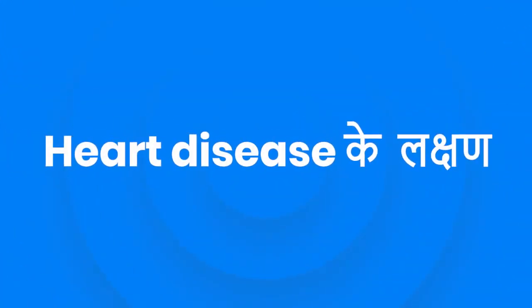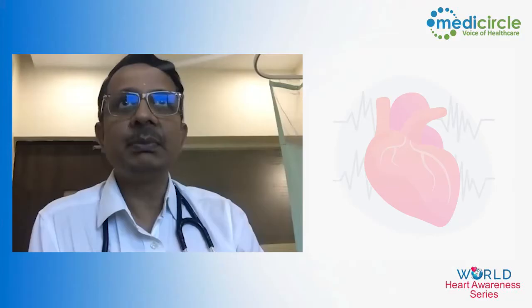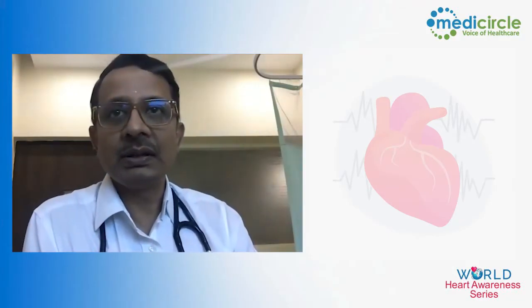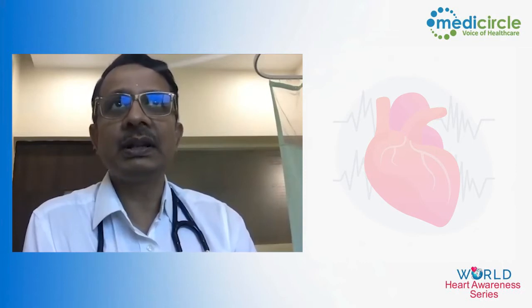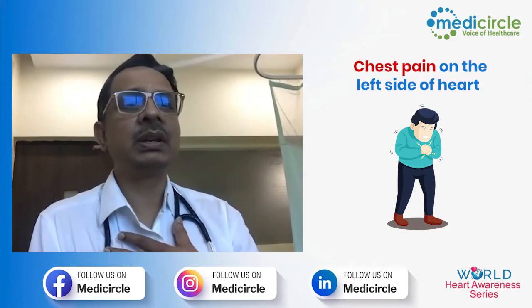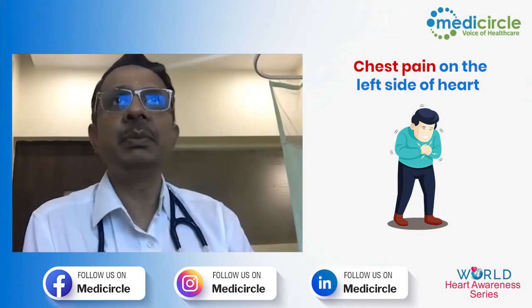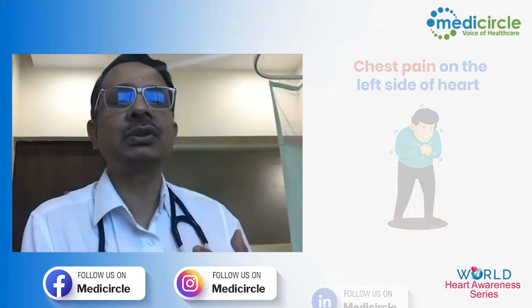So doctor, what are the symptoms of heart disease? Symptoms of acquired heart disease, typically, they may have some chest pain, which may be on the left side of the chest, or it might be on the right side of the chest also.